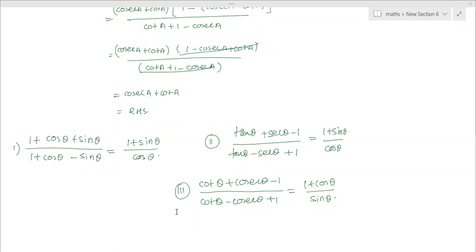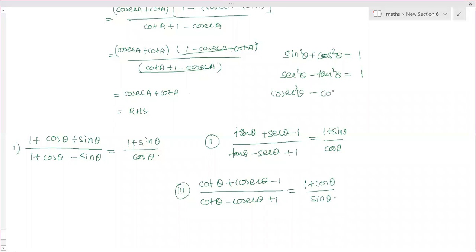What I told you to replace 1, we are replacing 1 with the square terms. We know all these square terms as sin square theta plus cos square theta is equal to 1. For the second part, sec square theta minus tan square theta is equal to 1. And the third equation is cosec square theta minus cot square theta is equal to 1.